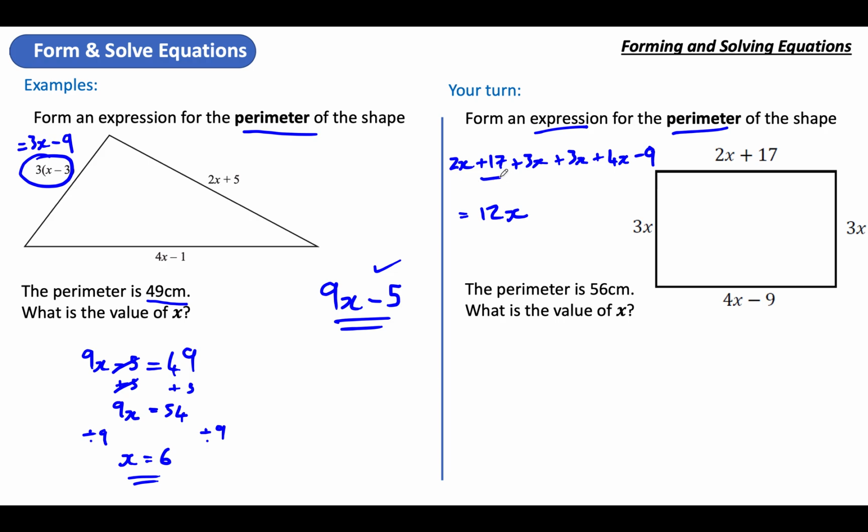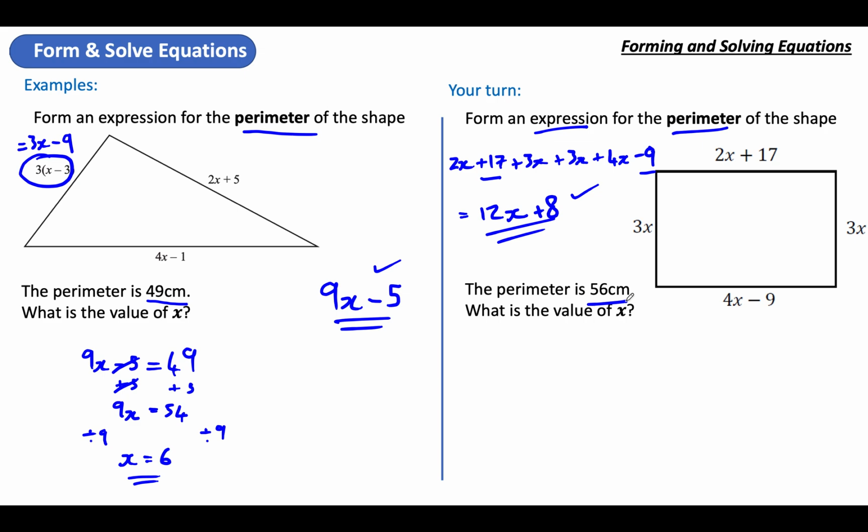Then the numbers. I've got 17, and that's positive, so that's ordinary. Take away 9. 17, take away 9 is 8. Just ordinary, positive 8. There we go. 12x plus 8 is my expression.